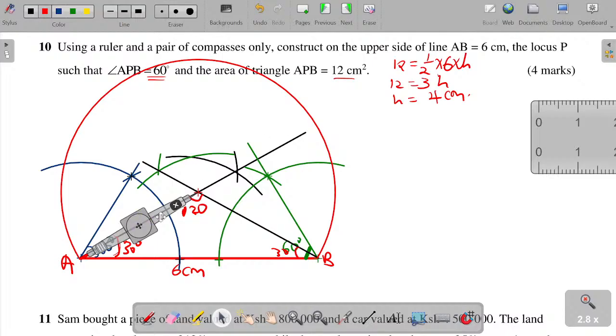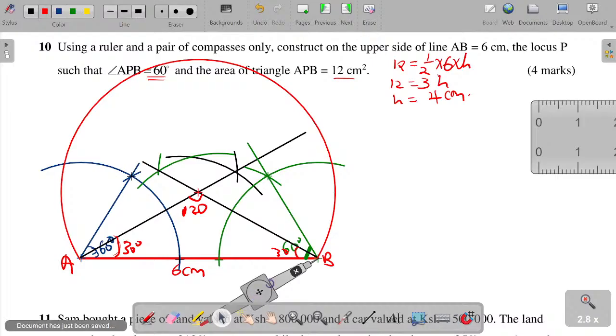So I may come and stand maybe at point B. Once I've stood at point B, I now need a 4 centimeters height.